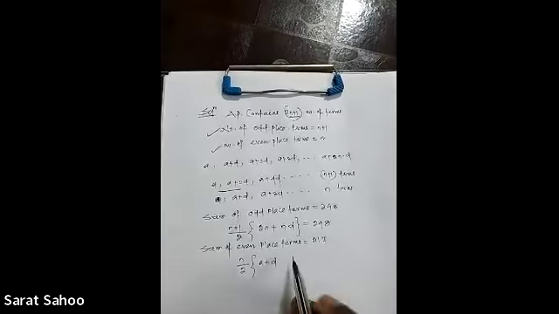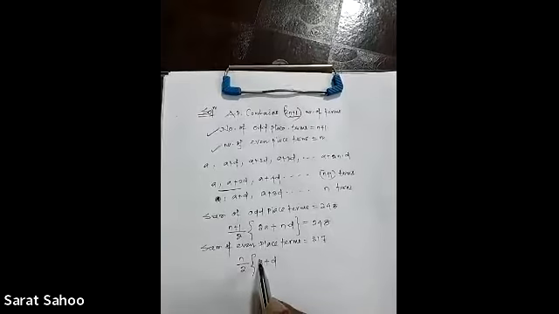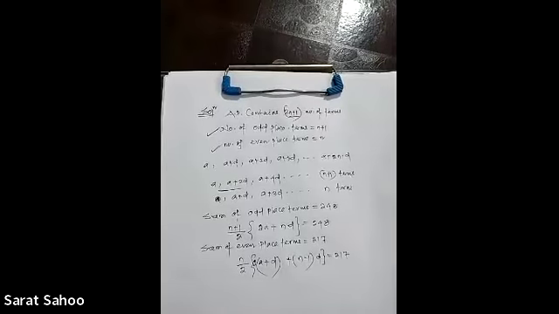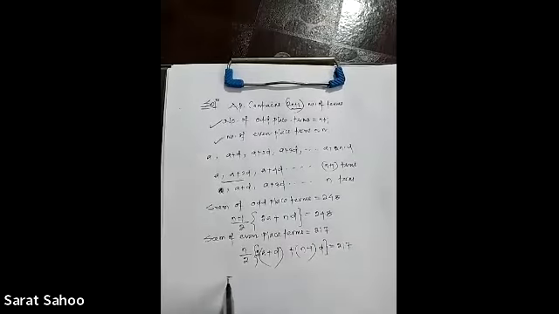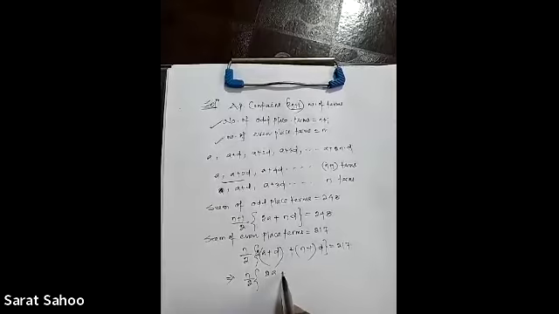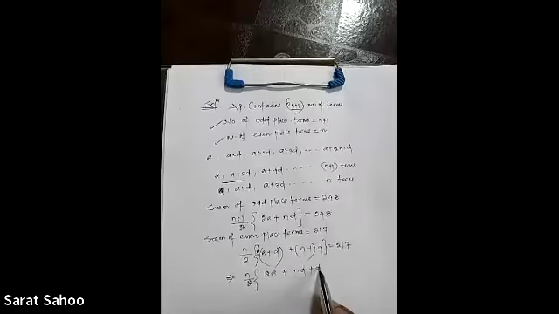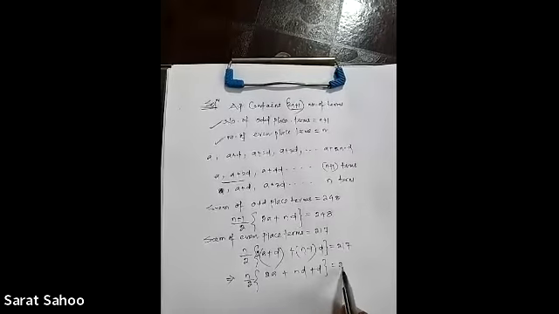So n by 2 into 2 into A plus D plus n minus 1 into D is equal to 217.